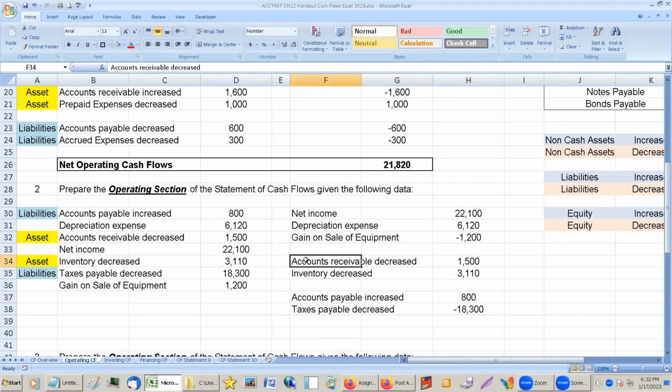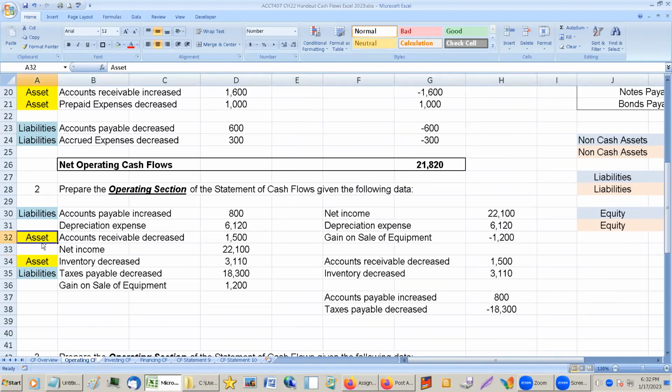So these are assets, they go in the opposite direction. And liabilities go in the same direction. So increase, increase. So opposite. Okay.